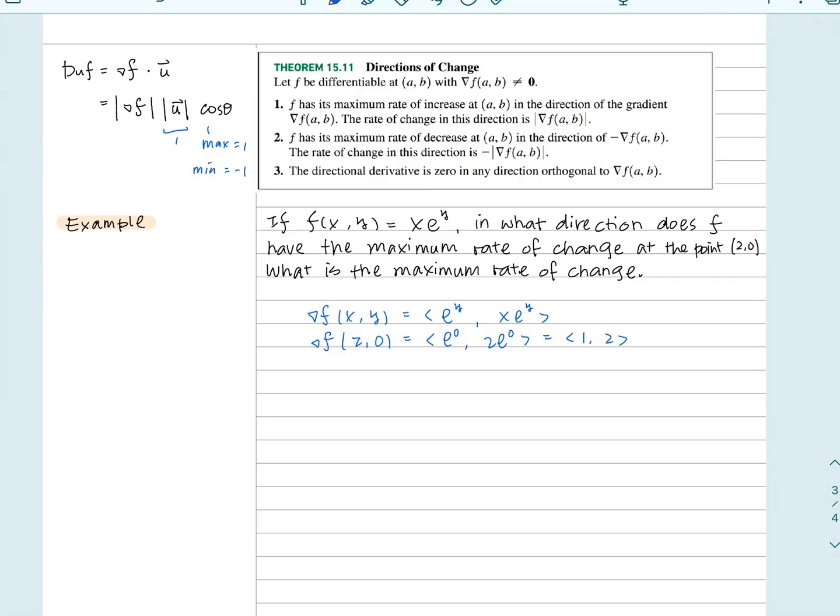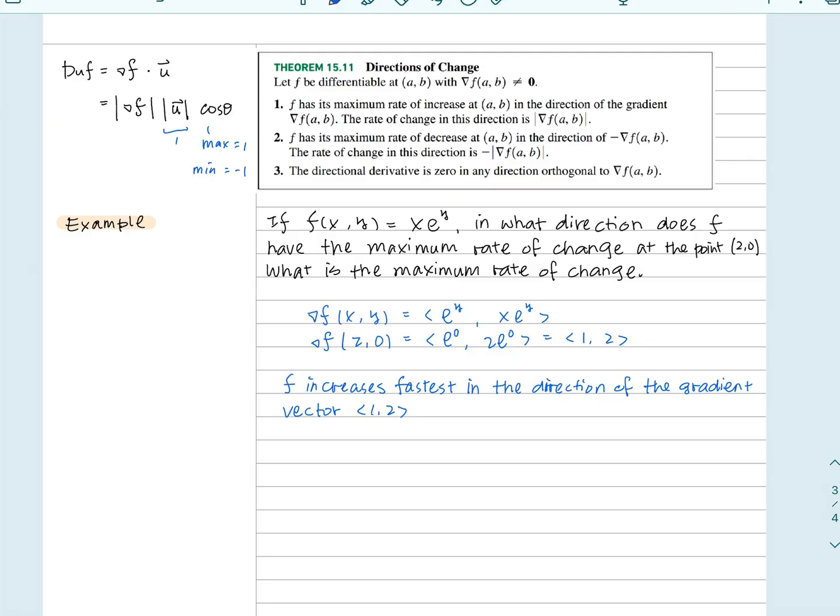So the function increases fastest in the direction of the gradient vector 1, 2 at the point 2, 0.